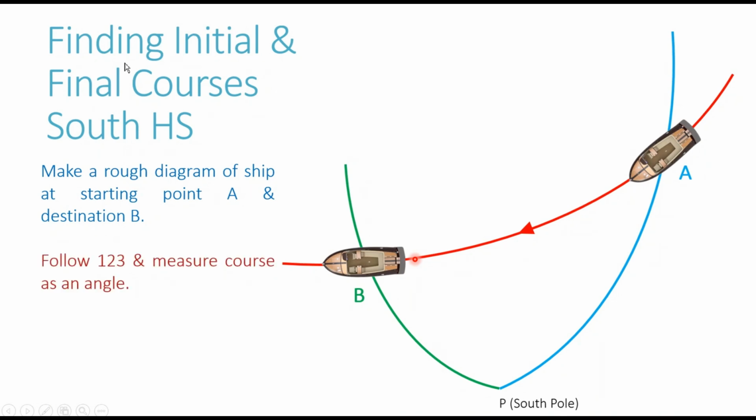So let's now apply our 1, 2, 3 method and see how we can identify the course at each location. So first of all, we have to identify and start from north. The direction of the meridian going towards the North Pole gives us the northerly direction. So at point A, the meridian going in this direction towards the North Pole gives us the northerly direction.